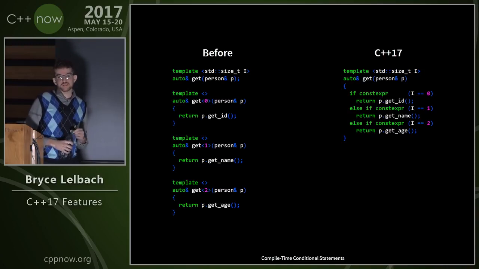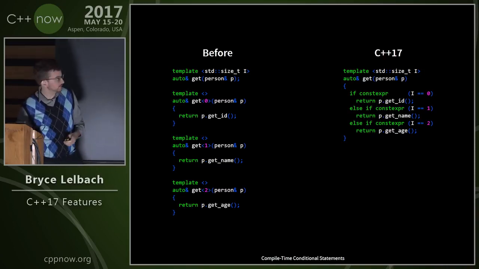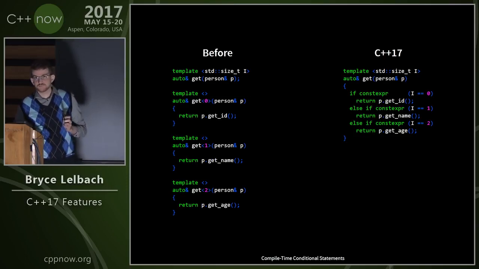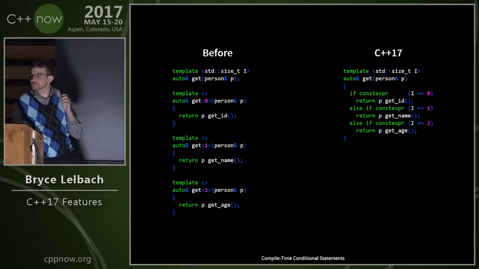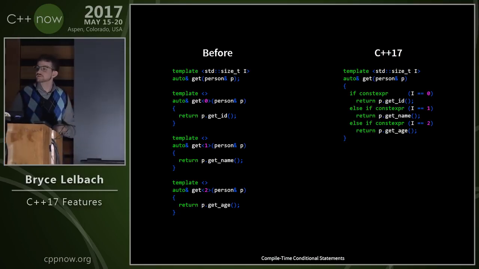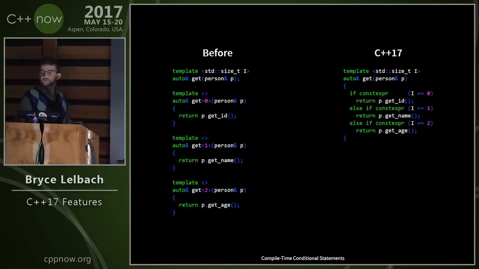I believe that if you have a static assert in the else branch that's not taken, you'll be fine. Yeah, it would have to be a template function, of course. Sorry, if you don't have an else, it will compile. Static assert false, yeah, you'd need to have the else.